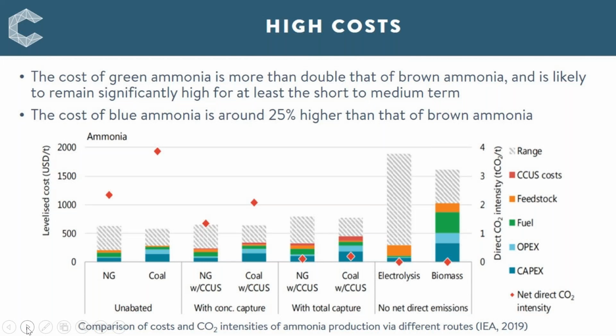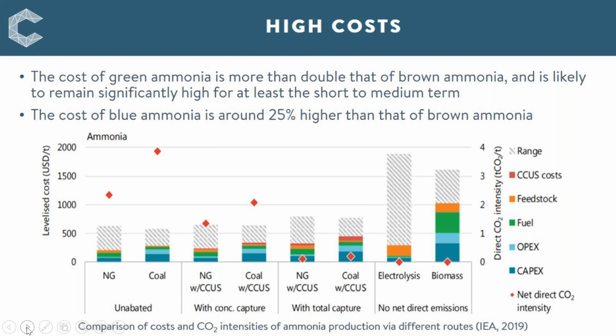A major barrier to using clean ammonia fuel is cost. There have been several assessments of the cost of ammonia, and the results all indicate that the cost of green ammonia is more than double that of brown ammonia, and it is likely to remain high for the coming years.